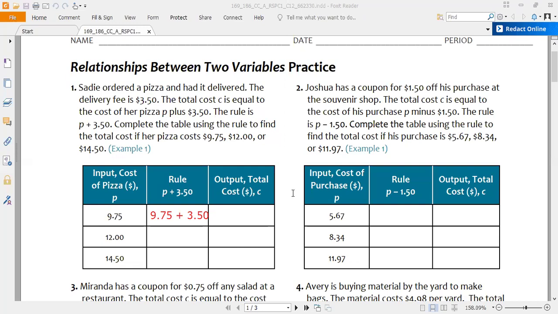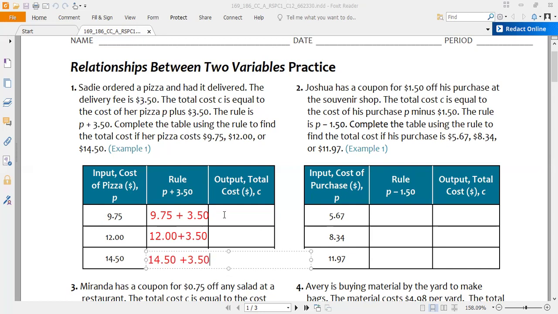Same for this one: if we are paying 12.00, we will also pay the cost of delivery, that is 3.50. Even if we order this pizza that costs 14.50, we have to pay the fee that is 3.50. If we add all of this, how much will be the total cost?